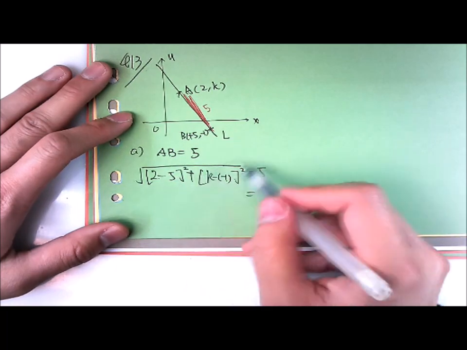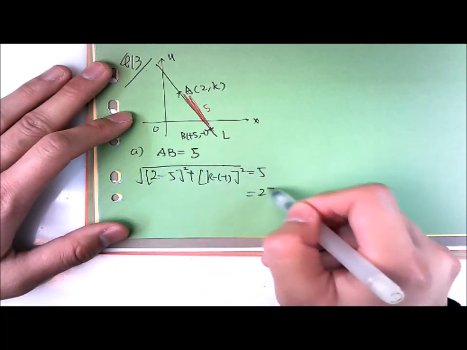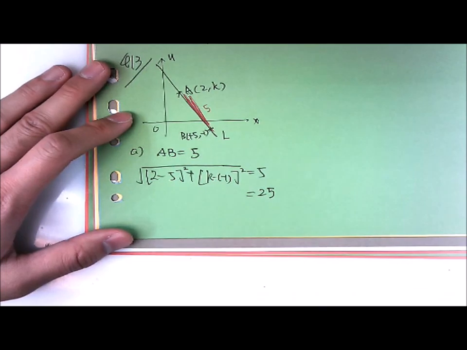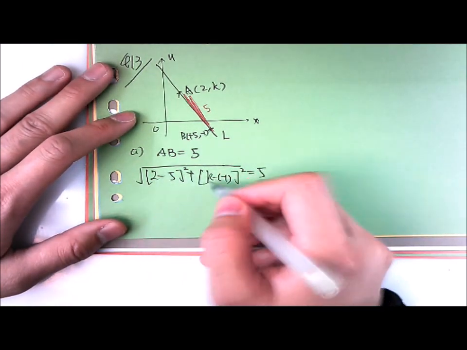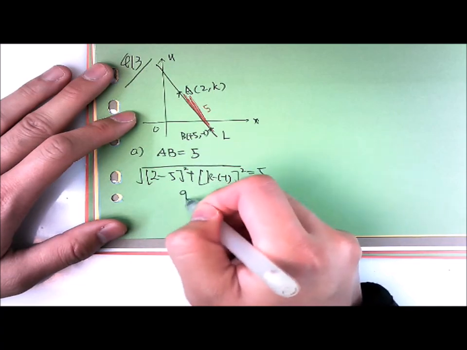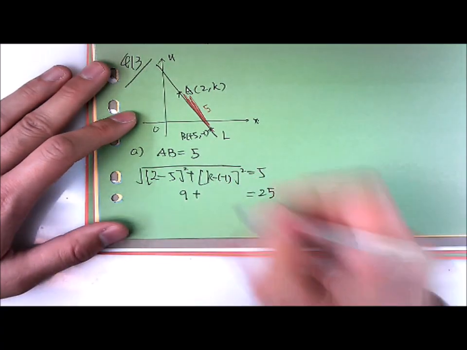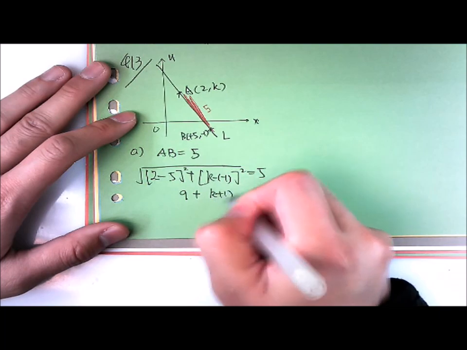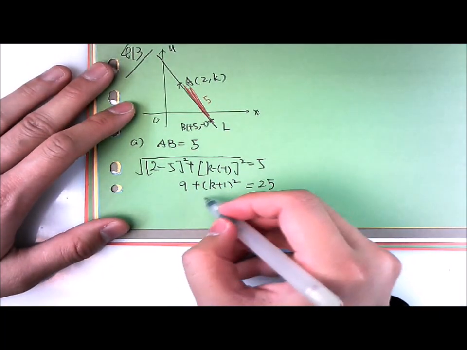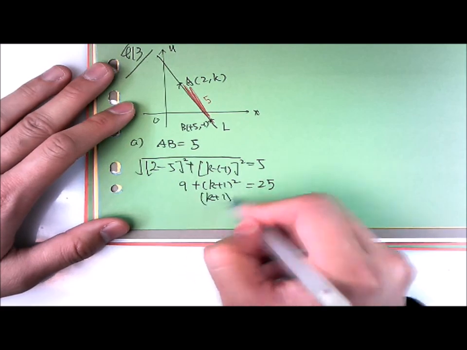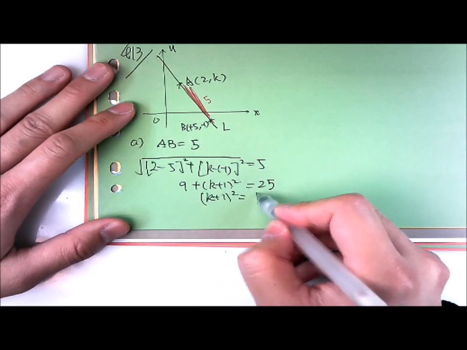We don't want this square root, so square both sides. On the right you have 25. So this is negative 3 squared, it becomes 9, and then you write this (k plus 1) squared. Understand? So don't expand it, you know. So (k plus 1) squared equals 16.